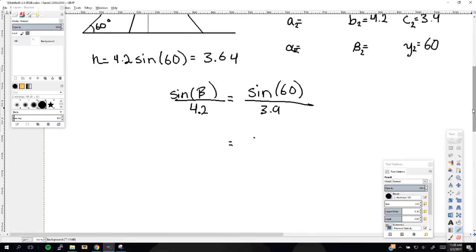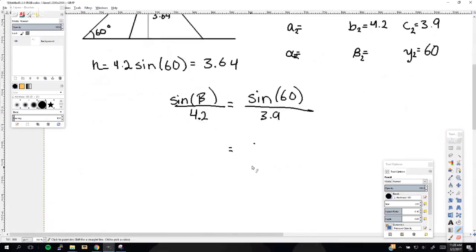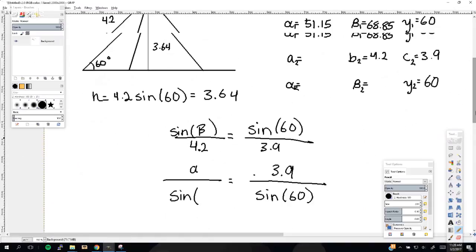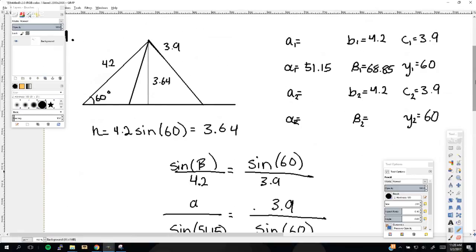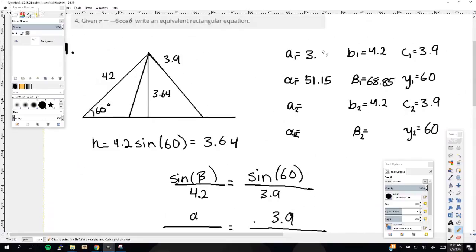And then figure out the last side. Okay, so for side A, I got 3.5. Yep, I got 3.507. Awesome.